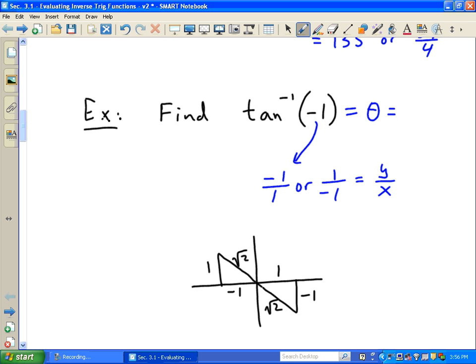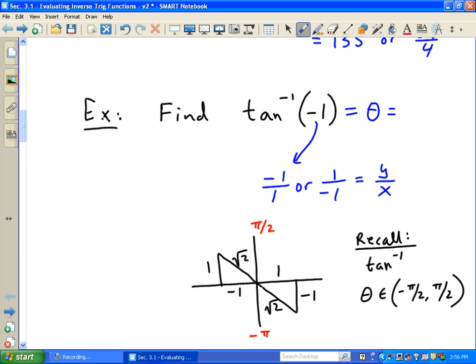Now we need to think about the restrictions for inverse tangent. For inverse tangent, the restriction on theta was that theta had to be between -pi over 2 and pi over 2, and we couldn't include either one of those. Here is pi over 2, here is -pi over 2 when you're swinging in that direction, so it couldn't be the triangle in quadrant 2.